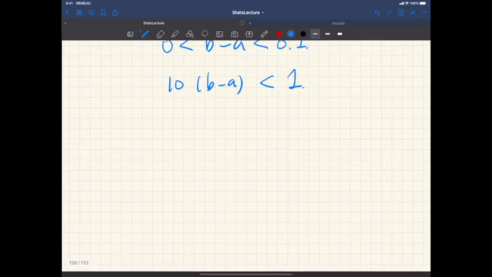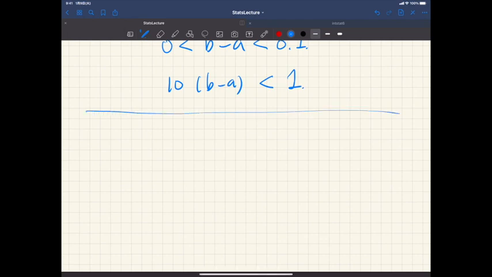Here's one quiz which can be difficult. Let's consider a uniform distribution between 0 and 1.